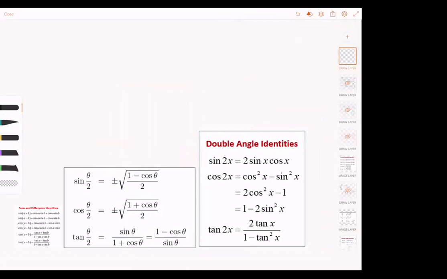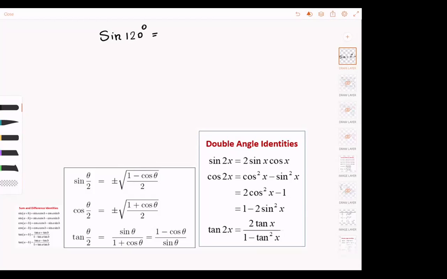So now I ask you guys, what is sine of 120 degrees? Most of the examples I make here are in degrees, but I can give you radians as well.